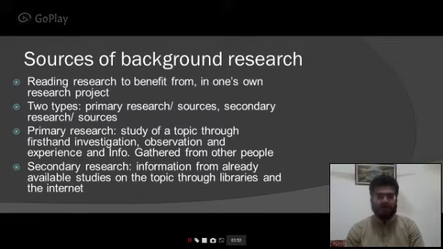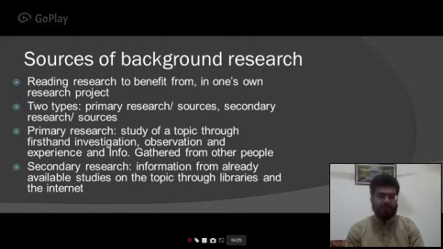And second, we have secondary research, which means all the information we gather from already available studies on the topic through libraries and the internet. So this secondary research is all the criticism, commentary and ideas on the same topic that the researcher is pursuing for detailed investigation.